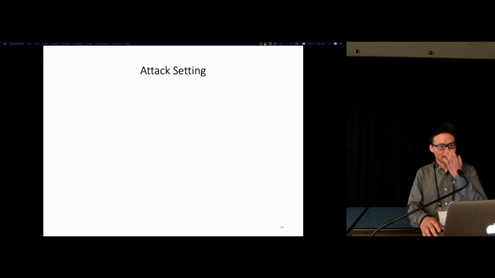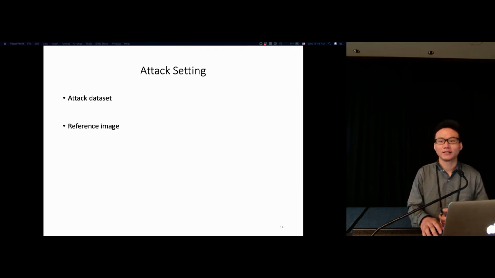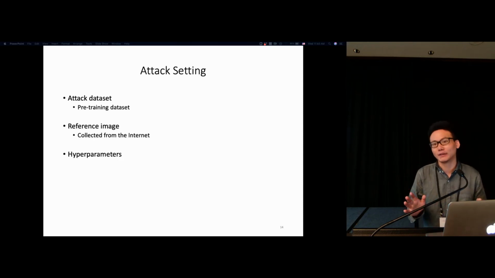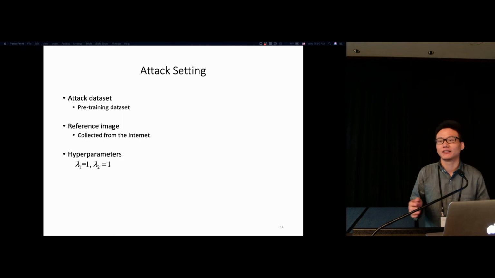In our attack, we need to specify a tag dataset, a reference image, and hyperparameters. In this talk, we use the pre-training dataset as the tag dataset, and we collect one image from the internet as a reference image, and set lambda 1 and lambda 2 to be 1. We also consider other settings, and the details can be found in our paper.